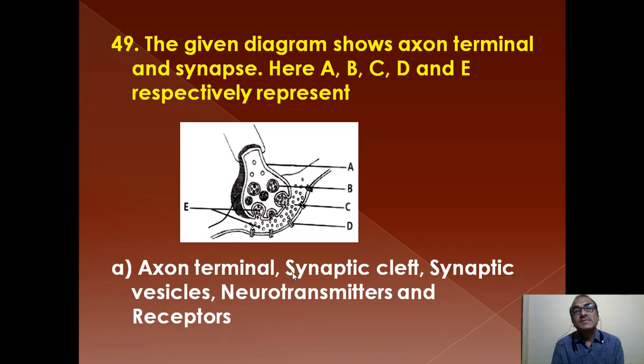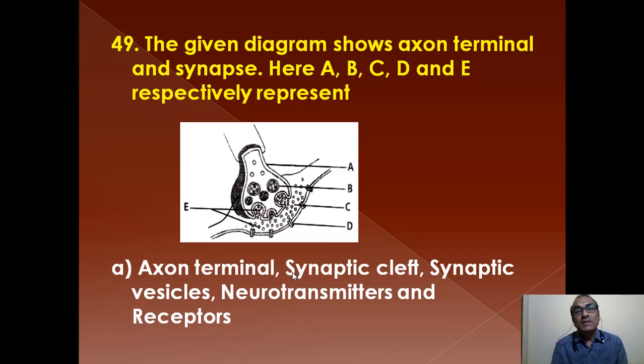B, synaptic vesicle. Then C, the synaptic cleft, you can say, that area where the neurotransmitters are released. D, those are the ion channels on which the receptors for neurotransmitters are located. And E is labeling the molecules of neurotransmitters.